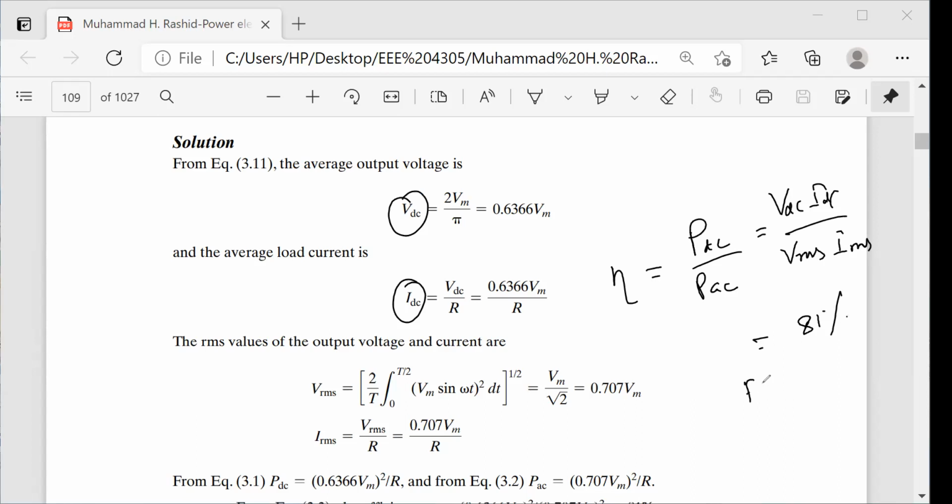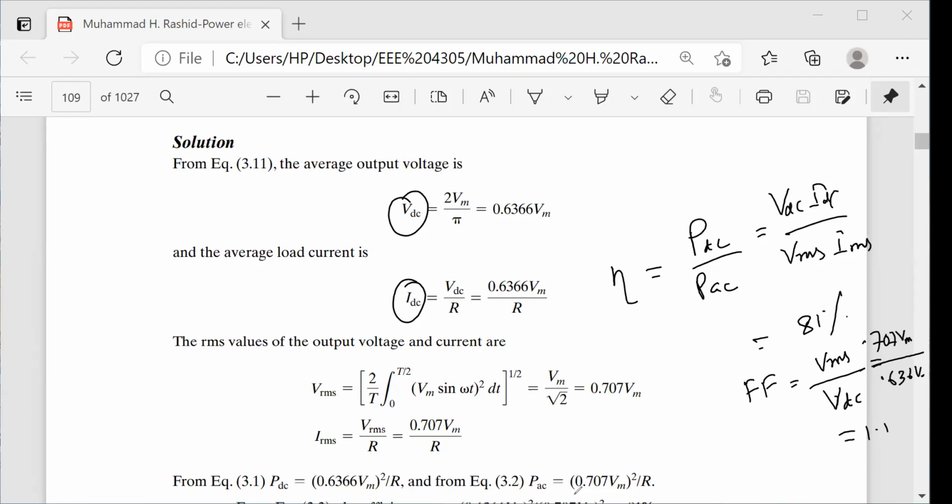Then form factor. What will be the formula of the form factor? VRMS by VDC, right? We already know that VRMS equals 0.707 Vm and VDC equals 0.636 Vm, so it is 1.11.